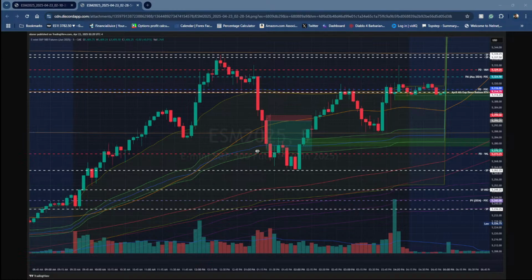Okay, so you were targeting what you thought was a single print, which is fine-ish. I think your target's fine. Previous day value really low would have been fine. I just don't understand the entry.